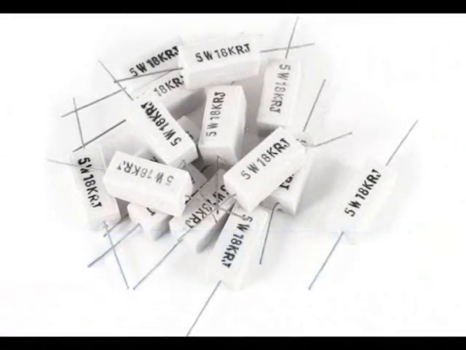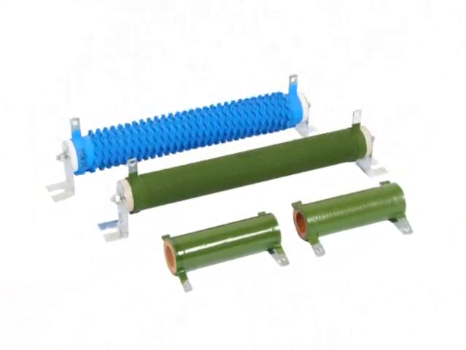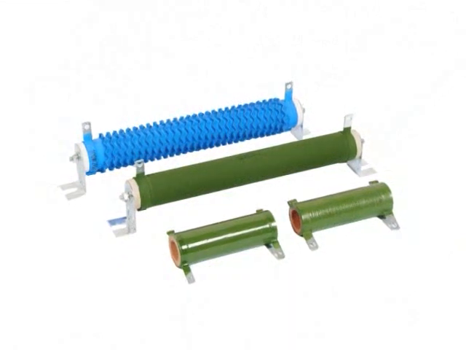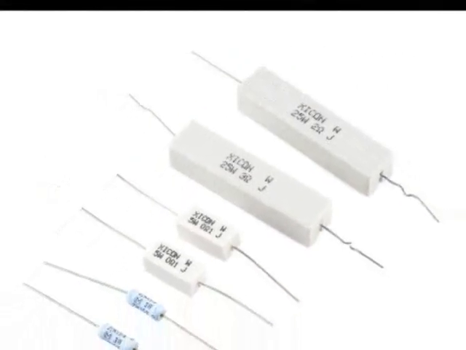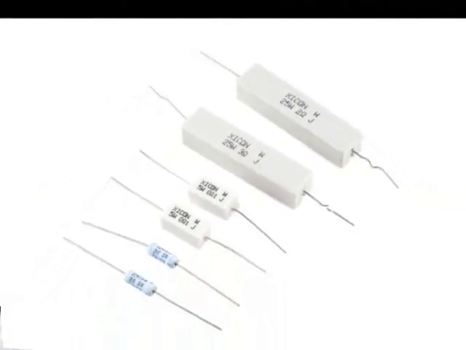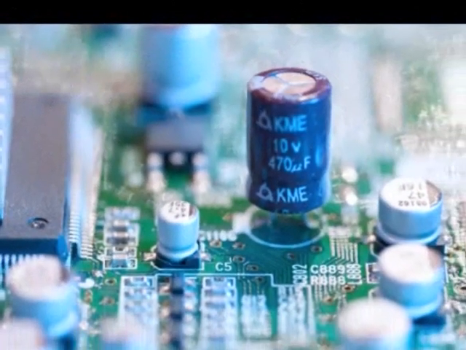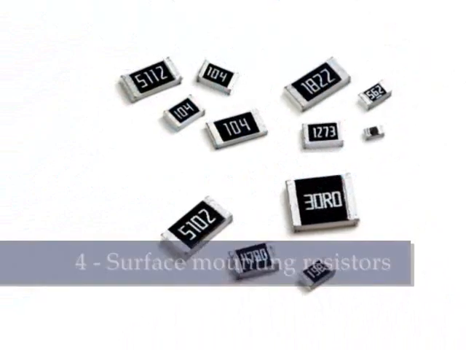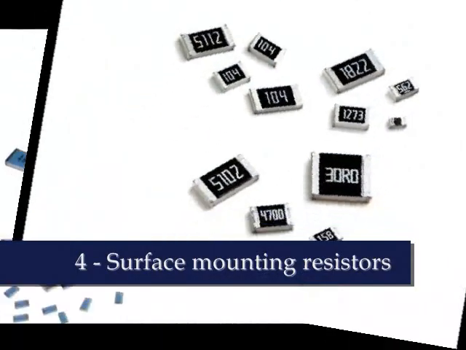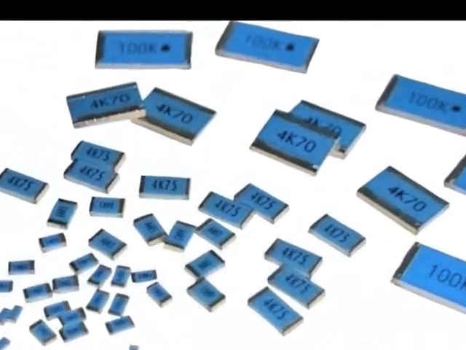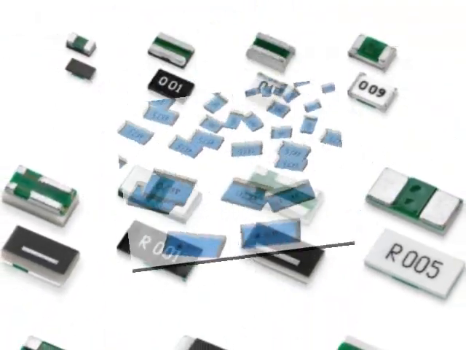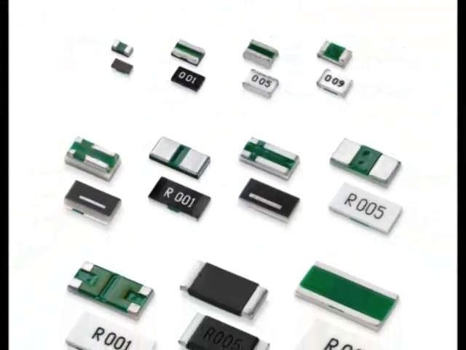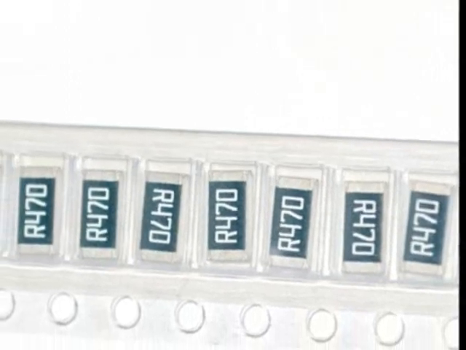Three, wire resistors, which are the same resistors that are used in the heatsink and are used in high power. Four, surface mounting resistors that are made using thin layer mounting technology on the surface and are used for high precision and frequency.